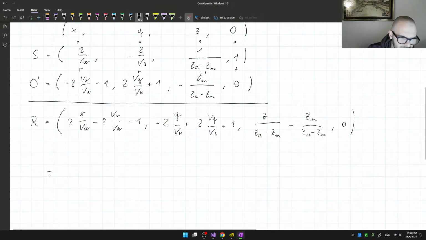Now, let's do some simplification. So this is the same denominator. So we can collect the two. I don't know how it's called in English. It's 2, and here is x minus Vx divided by view width minus 1, of course.